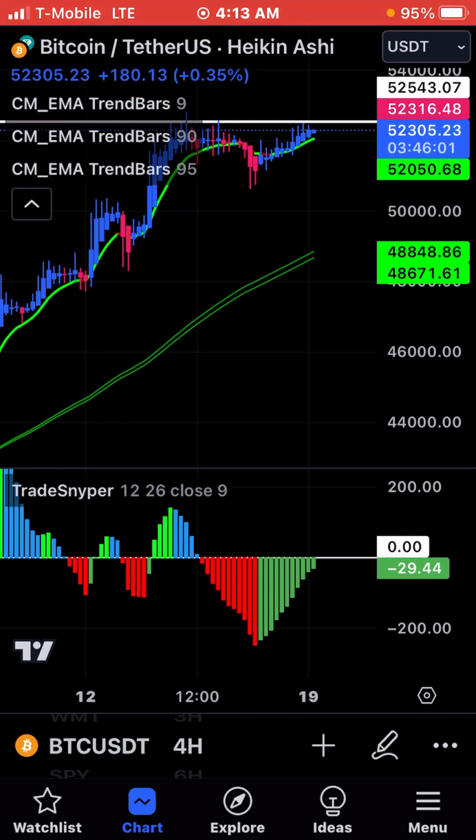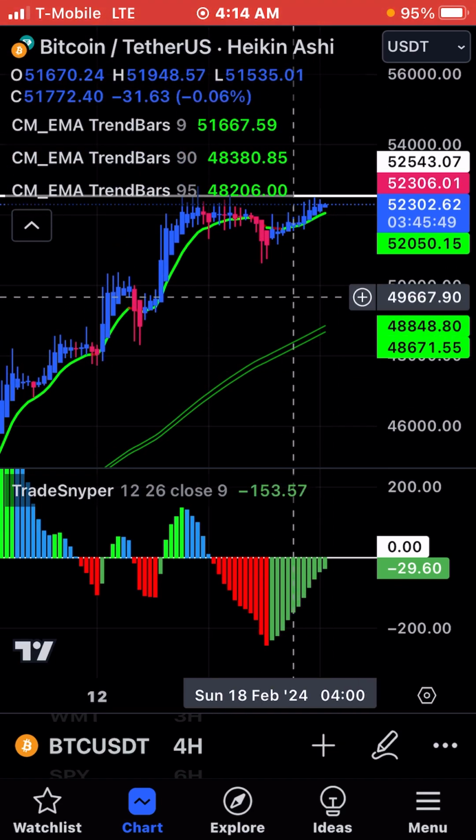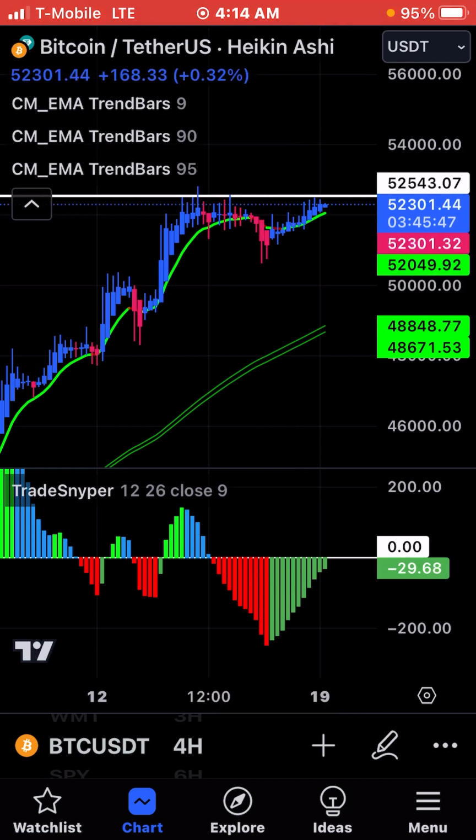So the times that we come in is on a 4-hour when we get the signal that it's going up. You know, it takes these breathers, and this is for any kind of asset here. If it's going up, it does have to take a breather every now and then.